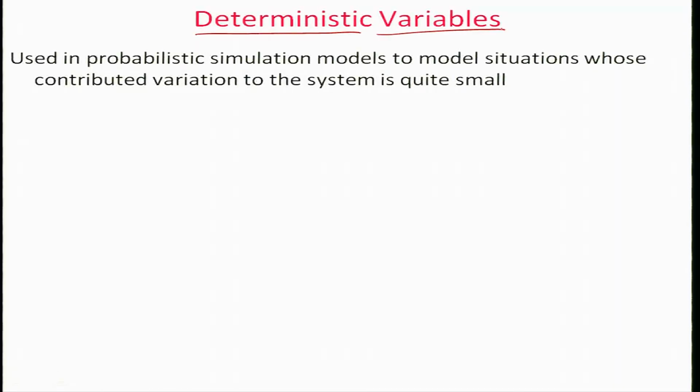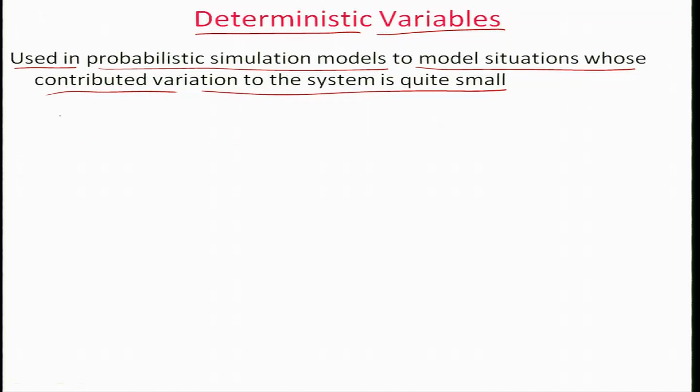Now, let us get into the last set of variables, which we call the deterministic variables. The deterministic variables are used in probabilistic simulation models. You use them to model situations whose contributed variation to the system is quite small. Okay.